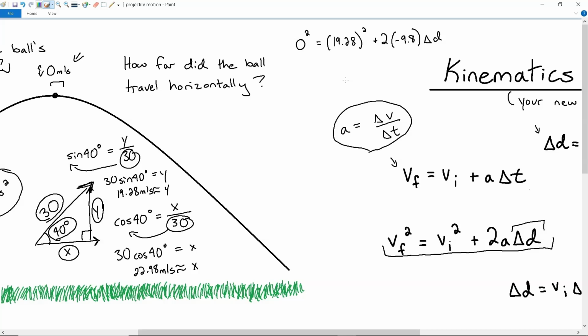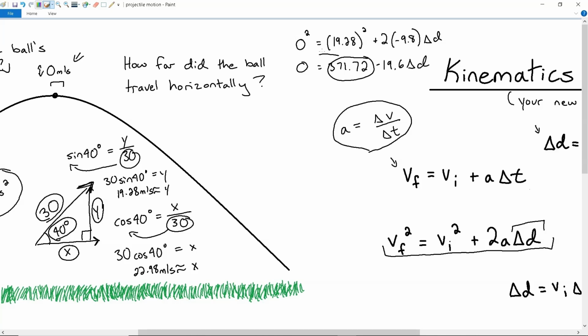So if I square 19.28, I get this. 2 times negative 9.8 will be negative 19.6, and 0 squared will just be a 0.